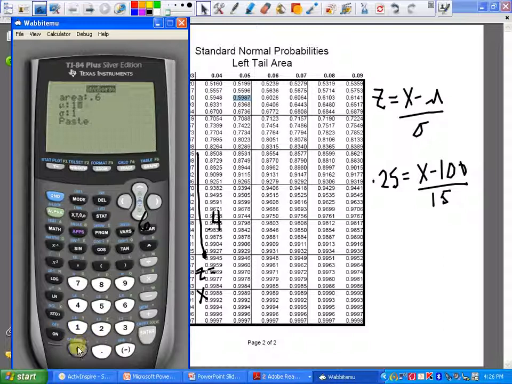If my mean is 100, now I'm working with raw scores. Standard deviation is 15. Still, 60% is to the left of this score. Now if I paste it, I'm going to get that score, 103.8. So that's the IQ score that is higher than 60% of people.